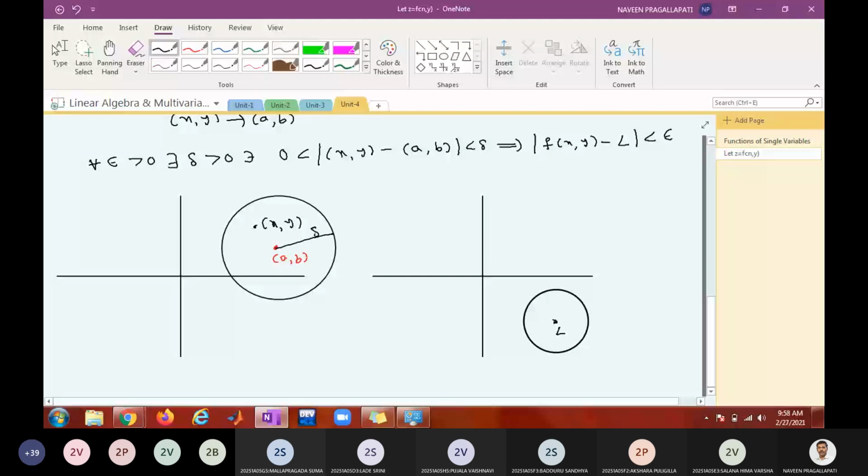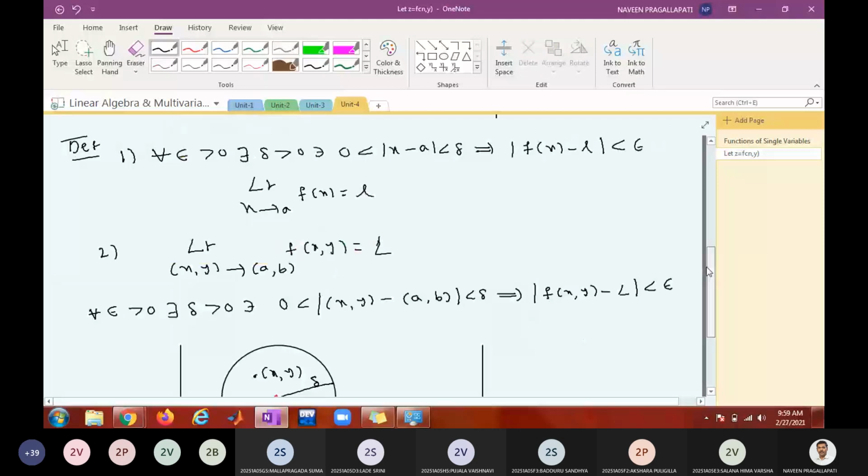This radius is epsilon. Whatever epsilon neighborhood of L you take, correspondingly there exists a deleted delta neighborhood of (a, b), such that whenever you take a point in this delta neighborhood, its image will fall in the epsilon neighborhood of L. This point will be f of (x, y). That is the meaning.